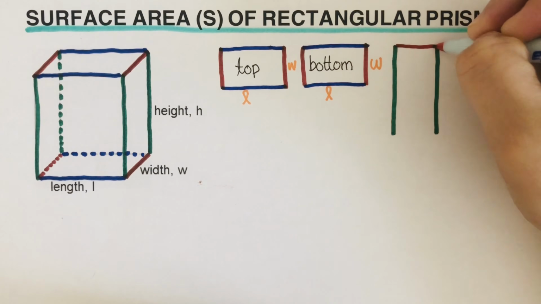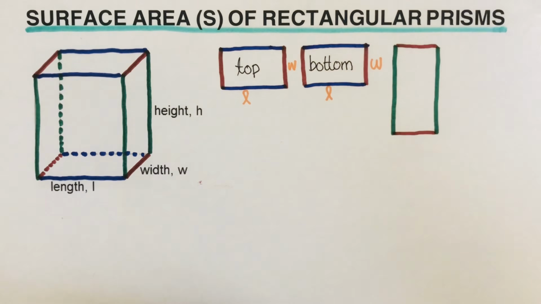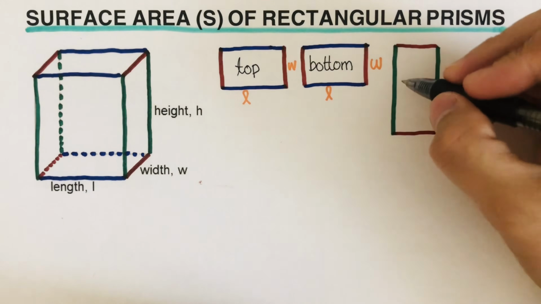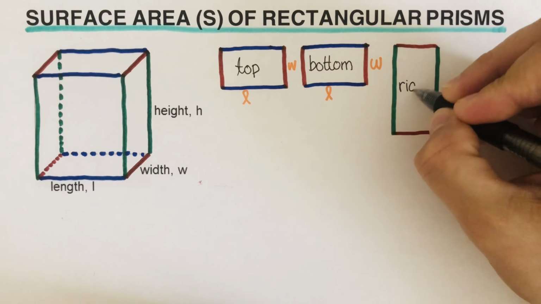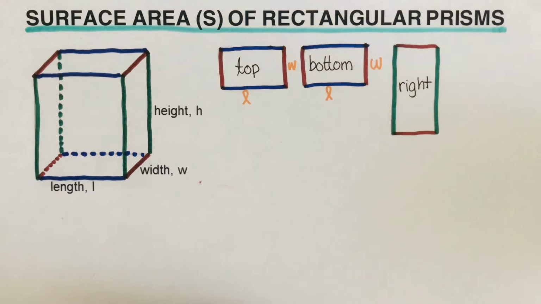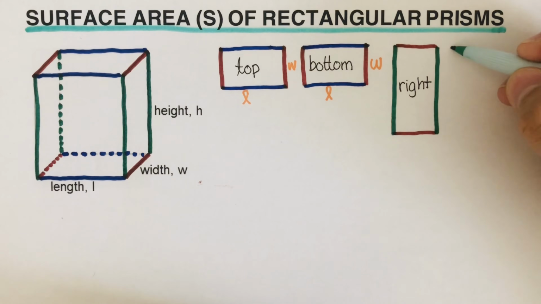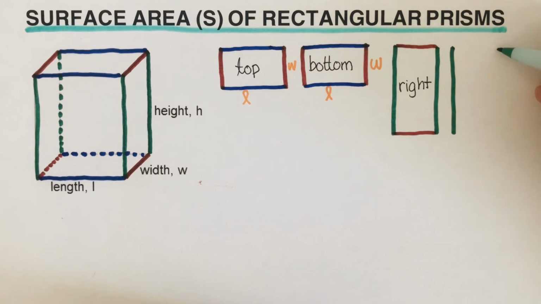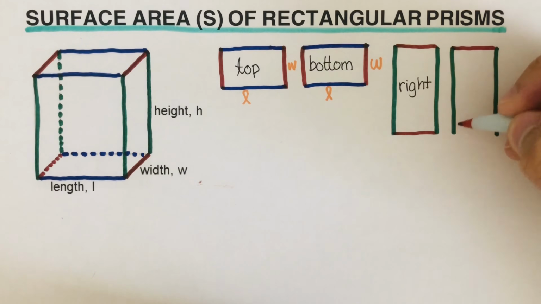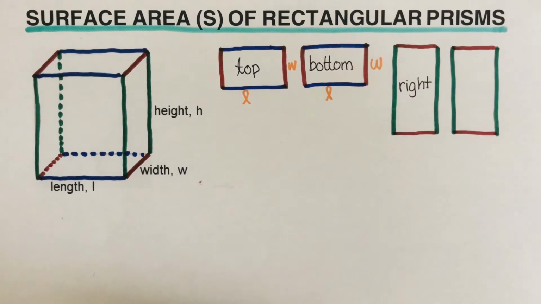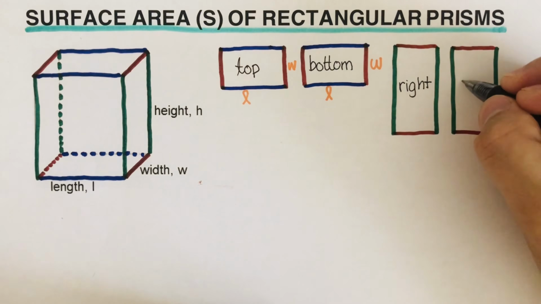So this is representing the right, so I'm going to write right for this. Then let's draw the same picture, and this corresponds to the left. They have the same shape because they are congruent.